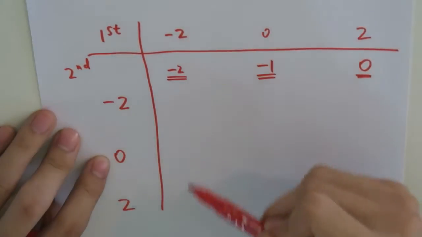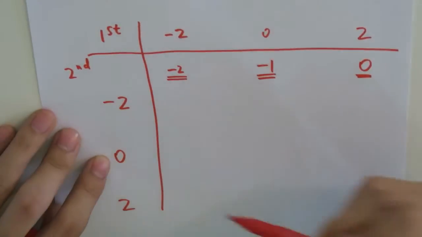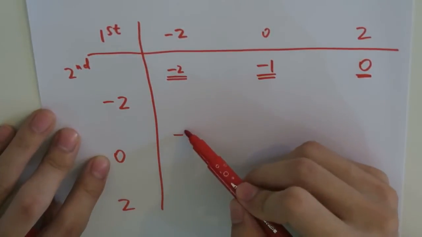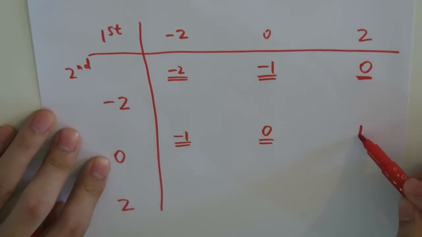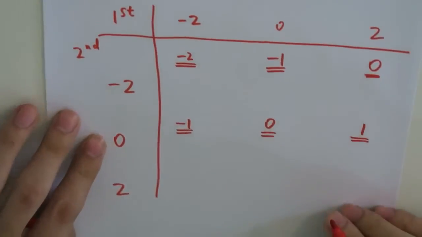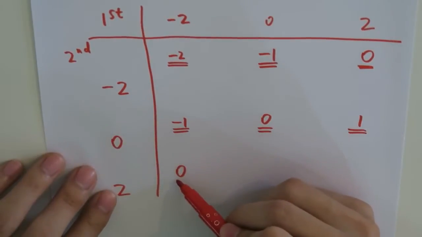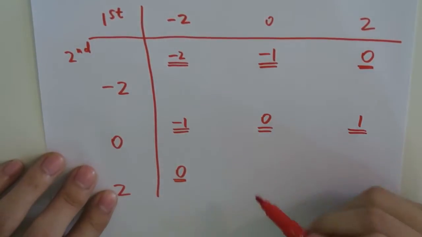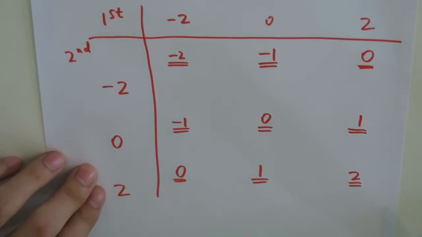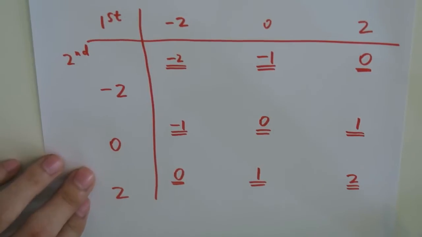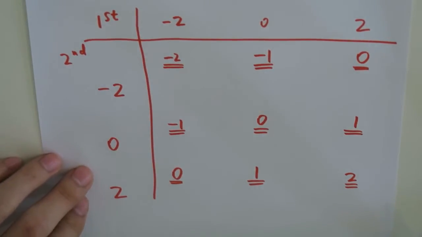So in the same way, we can get the sample means of all the possible samples. This one, -1, 0, and 1. And this one, 0, 1, and 2. Okay, these are the possible sample means.